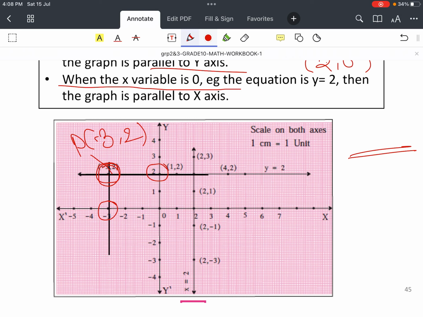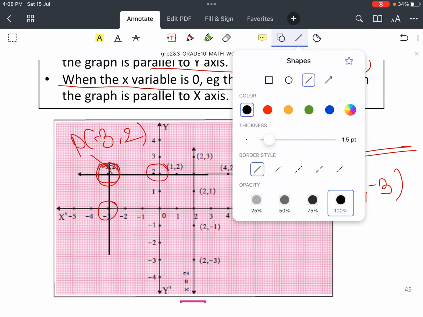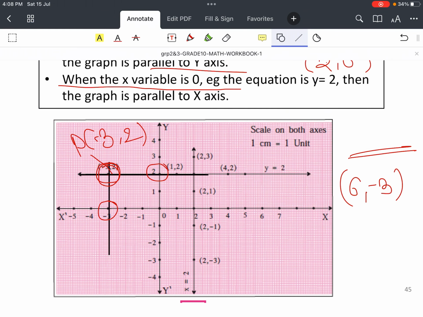Clear? Now similarly let's take an example, we want to plot a graph of 6 comma minus 3. Okay, so this is our target. We are plotting the point 6 comma minus 3. So what is our target? First draw one vertical line from 6. Where is 6 here? So draw one vertical line from 6.